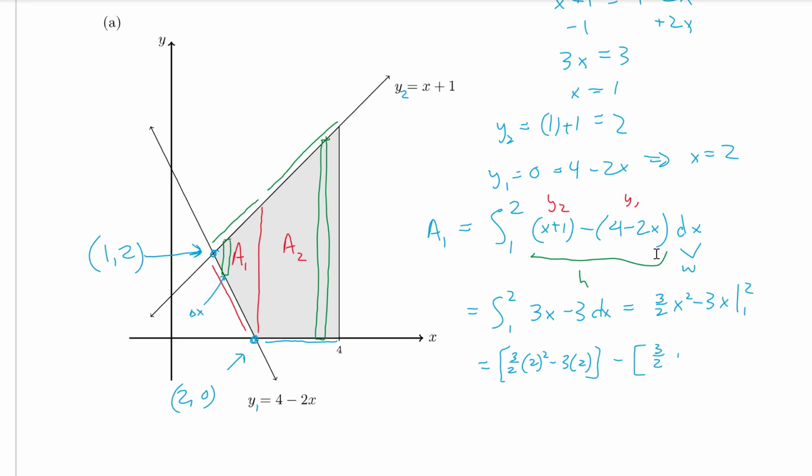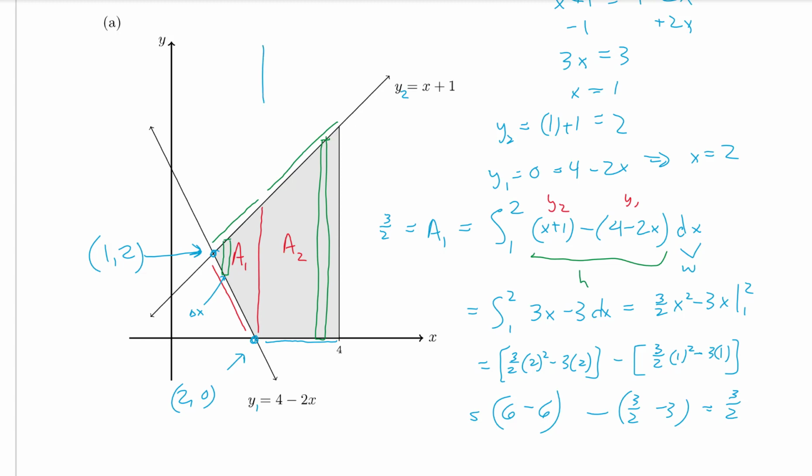And now we need the antiderivative evaluated at 1. If we simplify that, we end up with 6 minus 6 minus 3/2 minus 3, and we get positive 3/2 when we simplify all of that out. So area 1 is positive 3/2.